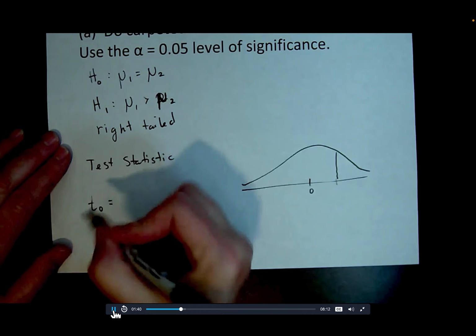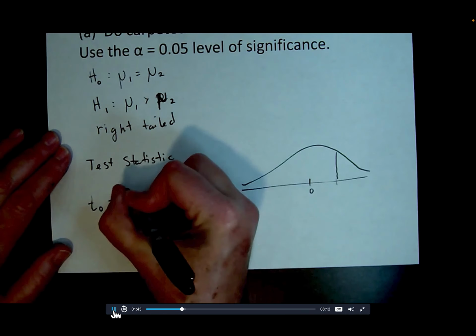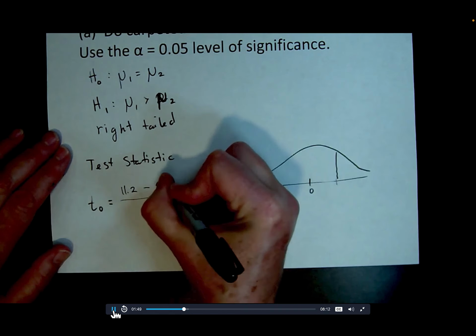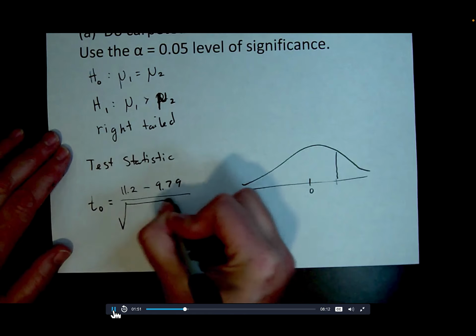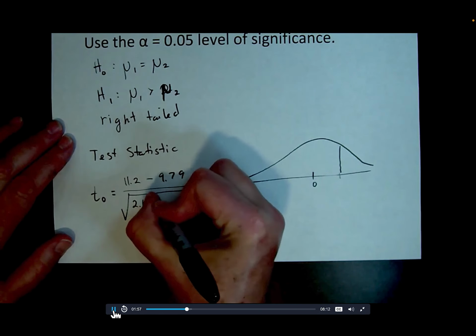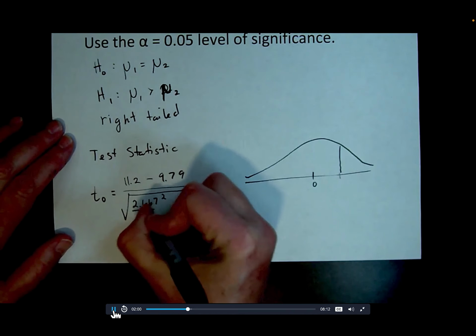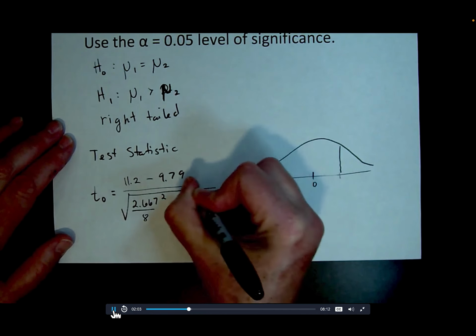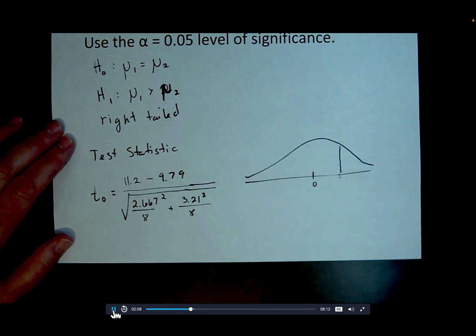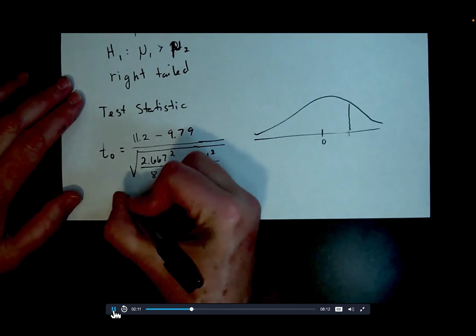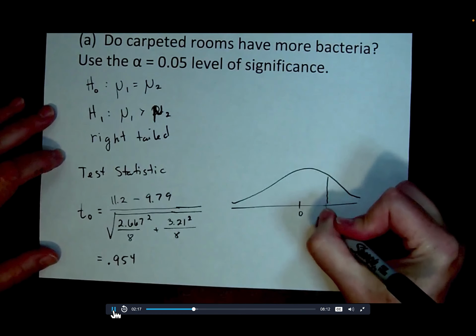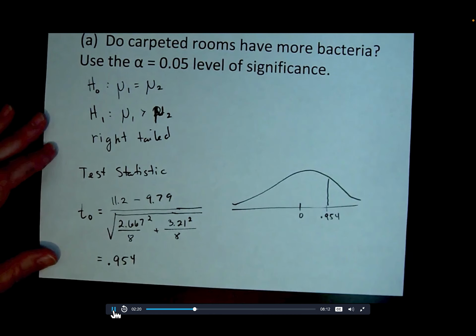Our formula for that is x1 bar, which is 11.2, minus x2 bar, which is 9.79, over the square root of S1 squared, so 2.667 squared divided by 8, plus 3.21 squared divided by 8. So crunch the numbers, run that through a calculator, and you'll get 0.954. So that's my test statistic over here, 0.954.